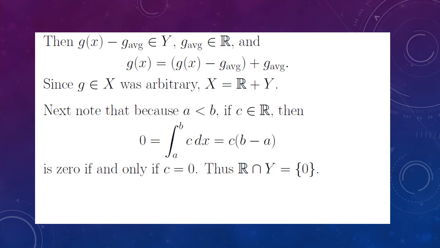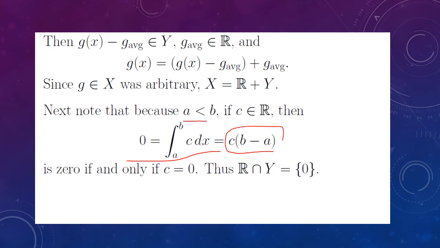To do this, we're going to take an element that's in both R and Y. So for example, let's take a constant value c, one that's in R, that integrates to 0, and see what happens. So if this integral here is equal to 0, we can solve that, and it shows that c times b minus a equals 0.